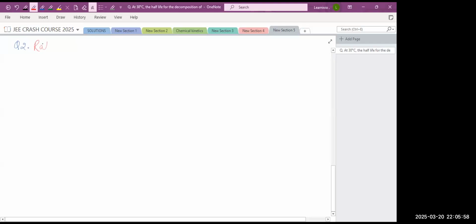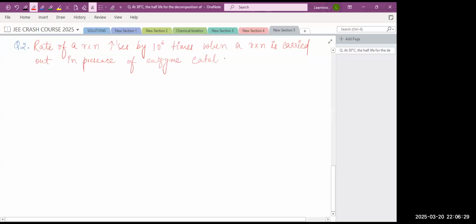So here, the rate of a reaction increases by 10 to the power 6 times, when the reaction is carried out in presence of an enzyme catalyst at some temperature.